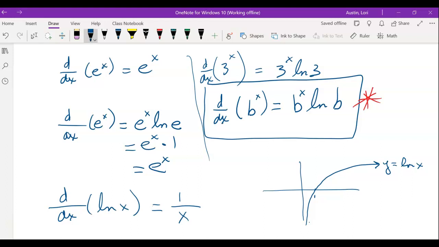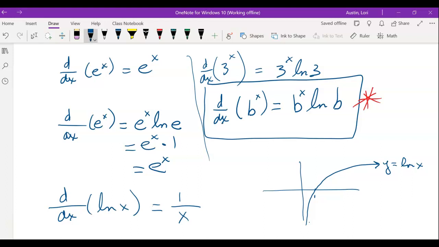Whether I'm here, here, here, here, my slope is always what? My slope is always positive. So that means the derivative function is all above the x-axis.